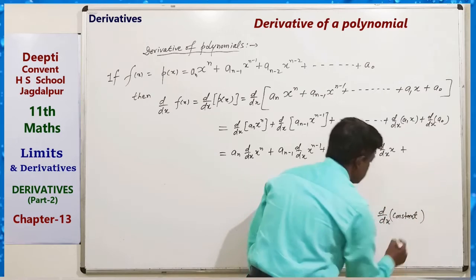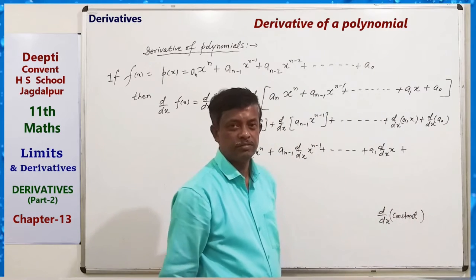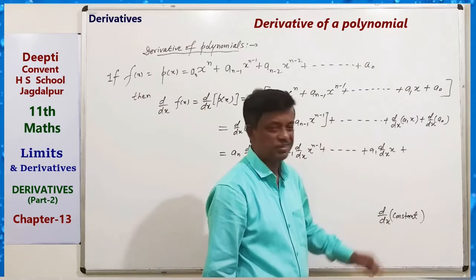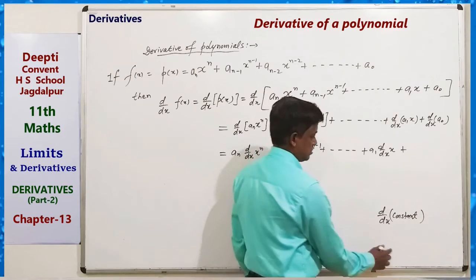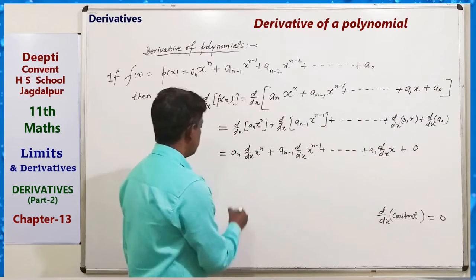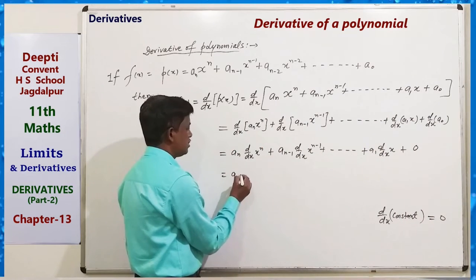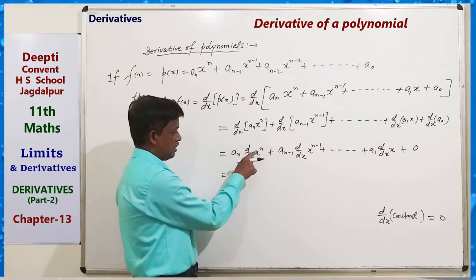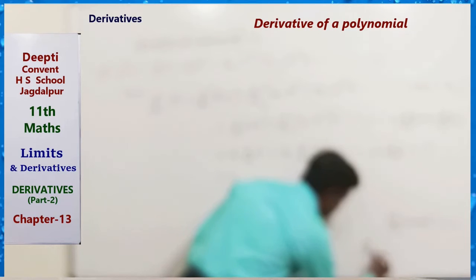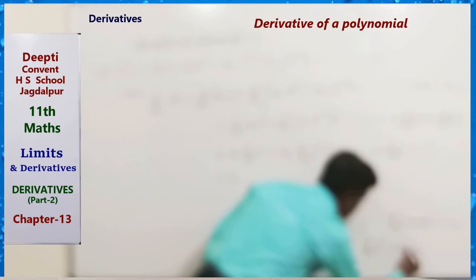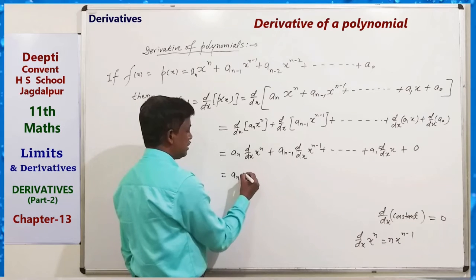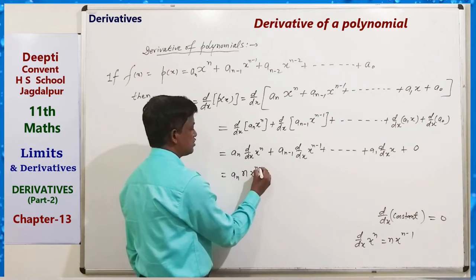Constant means a value having no variable x, so its derivative is 0. Here, by using the formula d/dx of x to the power n equals n x to the power n minus 1, we can write n x to the power n minus 1.